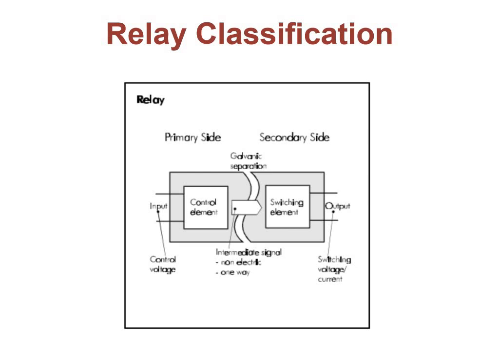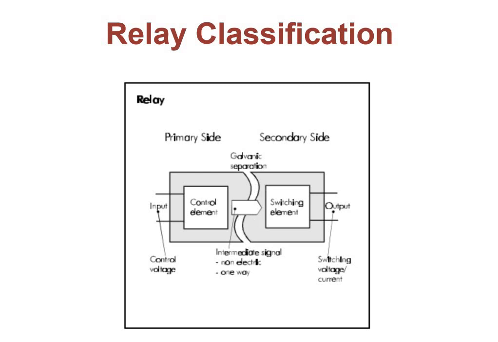The use of a non-electric signal between primary and secondary side provides the necessary galvanic separation or isolation between input and output circuits. All of this is shown in this diagram. This is the primary side, this is the input, here is the control element on the secondary side, here is the switching element, this is the output, and both primary and secondary sides are isolated from each other.